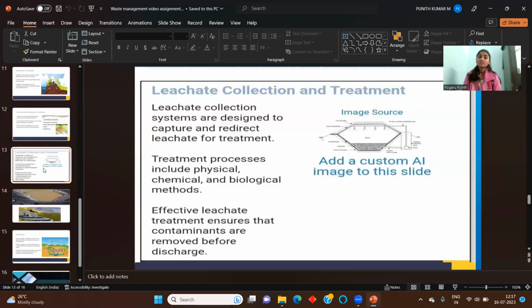Effective leachate treatment ensures that contaminants are removed before it discharges. Before it is discharged to any sea or water bodies, it is treated in a very proper way, and they remove the chemical or harmful components in it, and then they dispose of it in a very protective way.